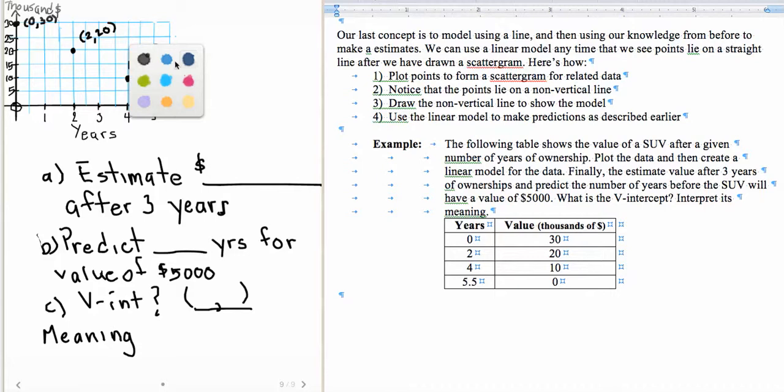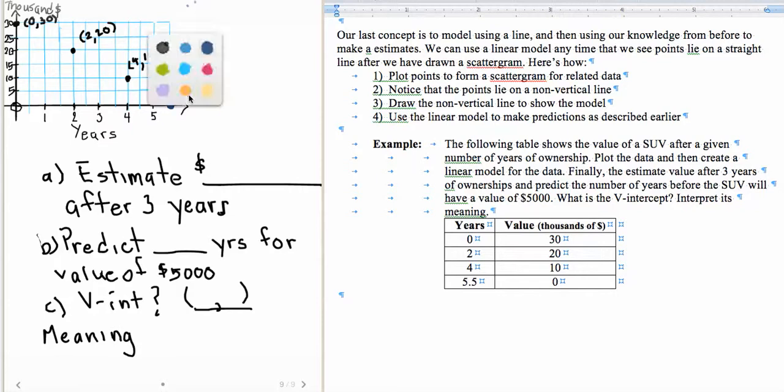Because the value is 0, I'm not traveling up or down on the y-axis, so I'm just going to put my point right there. And then I'm going to label it with its ordered pair. So this one is (5.5, 0).